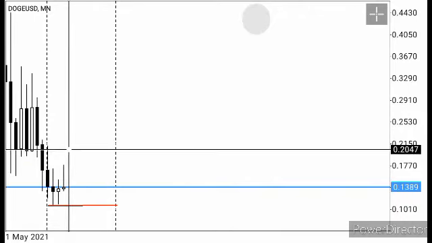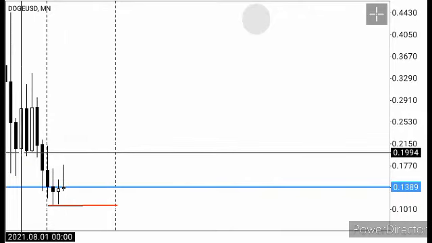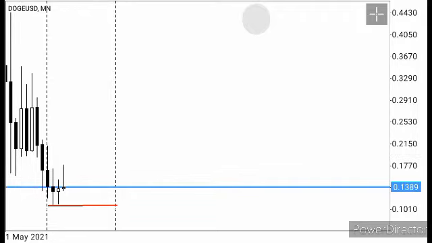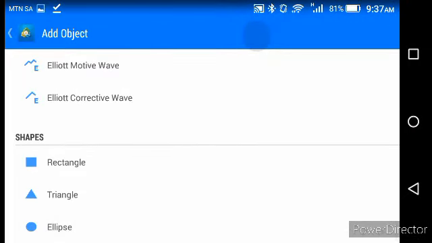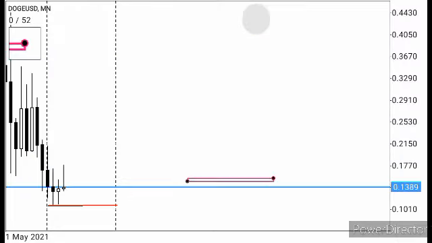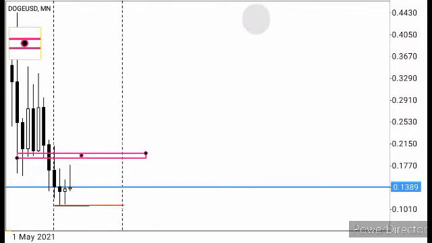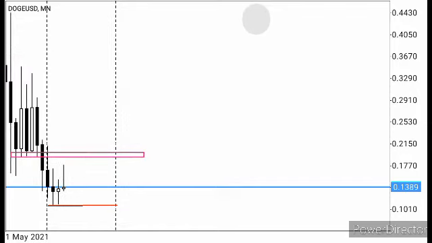We seem to have a very strong resistance area over here, so I'm just going to mark it as well. Like this. There we go.